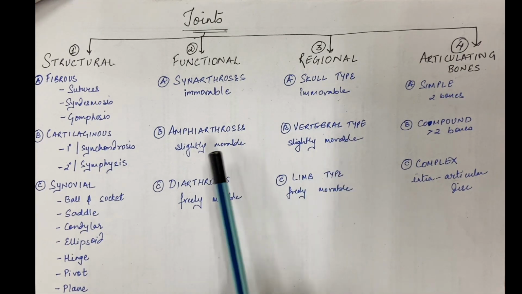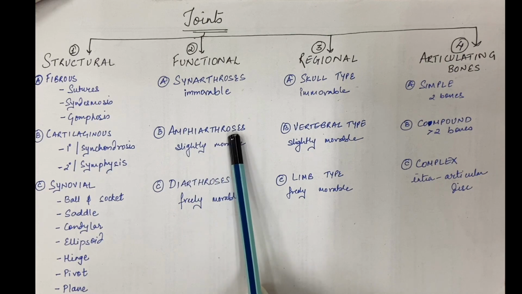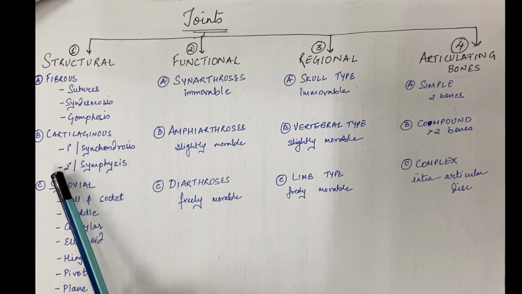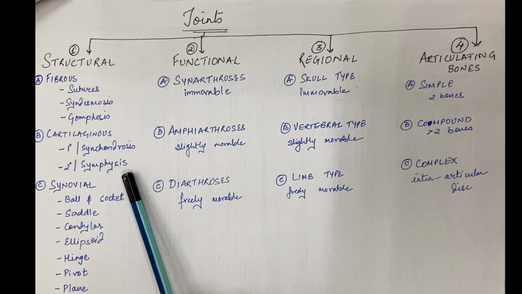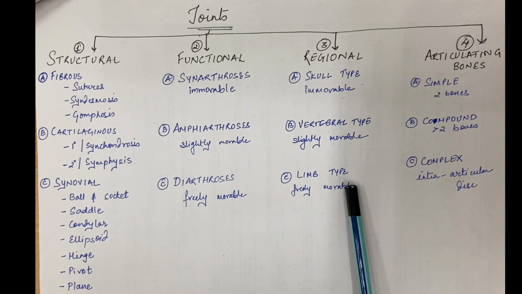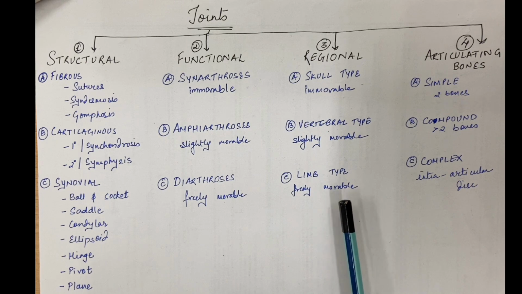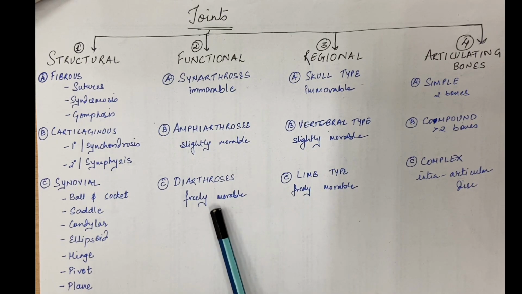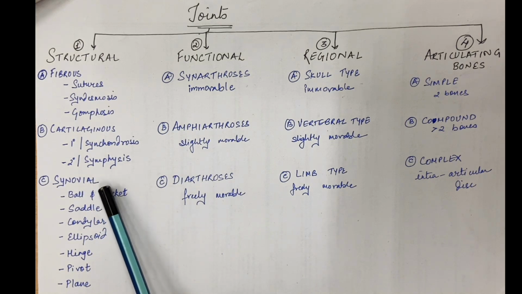So these are the slightly movable amphiarthrosis, and this again we can compare with the secondary cartilaginous kind of joint. And the third in the regional variety is the limb type of joints, which are freely movable, which we have already named as diarthrosis, and these diarthroses are all the synovial joints.